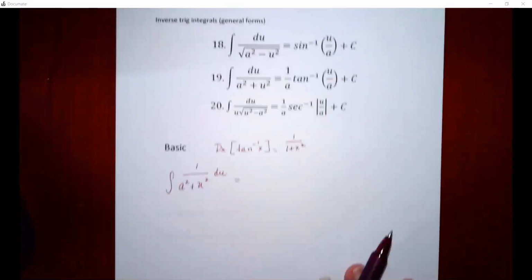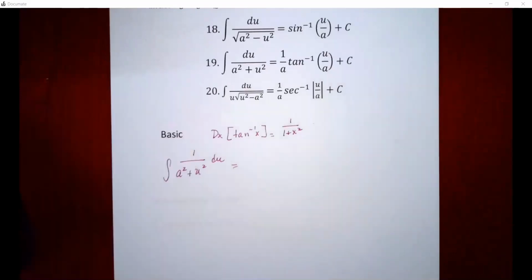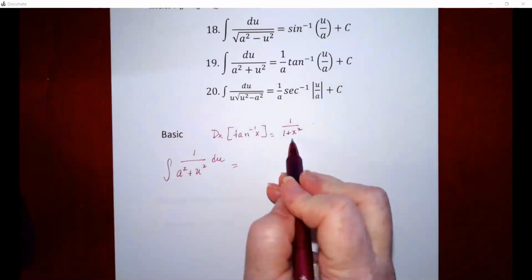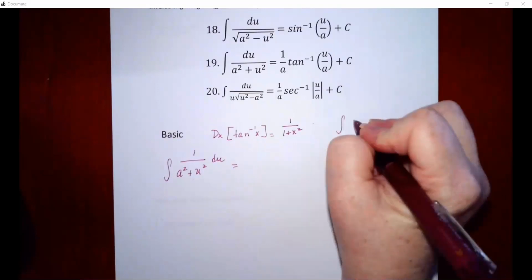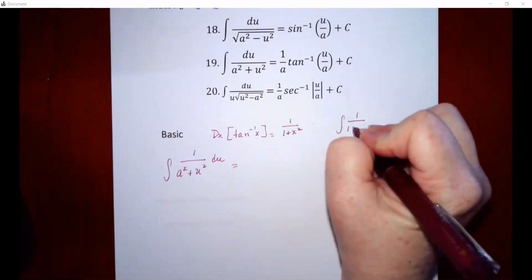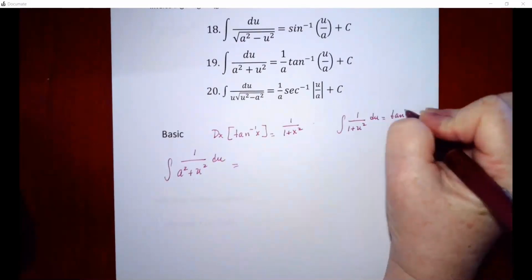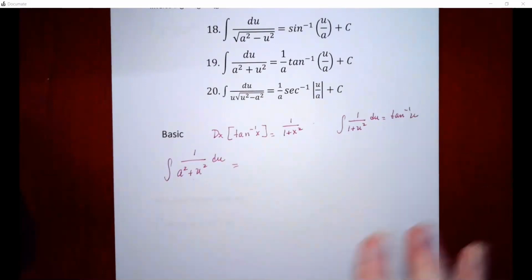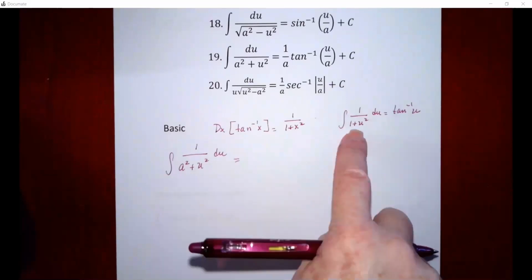I'm going to derive one of them, and then we're just going to use the others because the process would be very similar. If you wanted to make this look like an integral form for an arc tangent, because we know that the integral of 1 over 1 plus u squared du is the arc tangent of u, I could have used x's there or w's, whatever variable you wanted. I want to make this look like that.